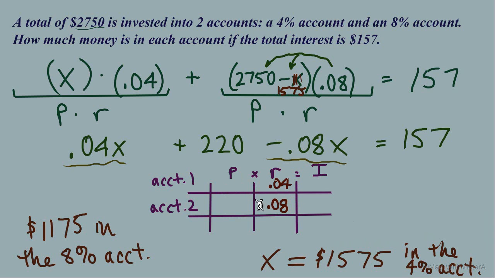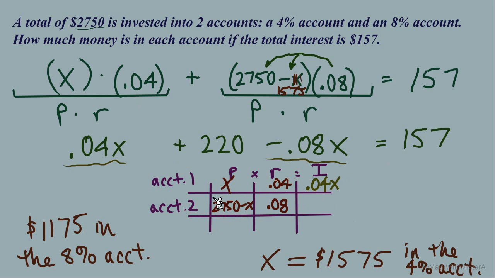We would be taking the same approach for representing the principal, in this case where we know the total, $2,750, but we don't know how it's split up. We would choose one account to use x for the principal. The other one would be $2,750 minus x. Once we have those spots filled in, we can multiply across these rows. In account number 1, we would see the 0.04x.